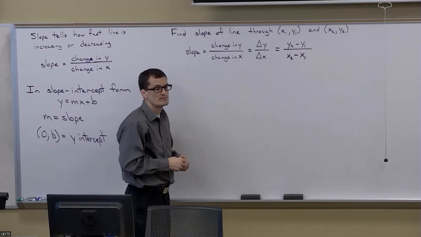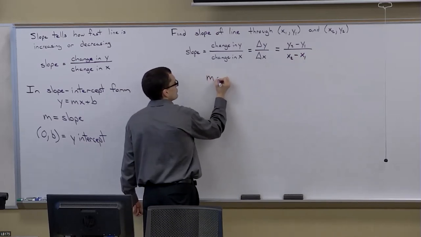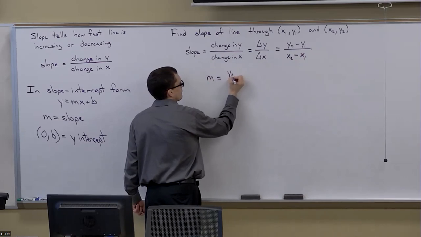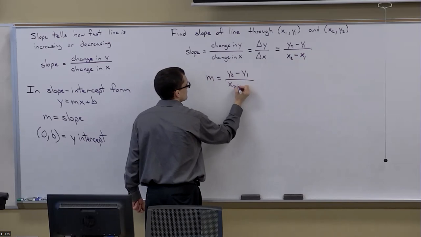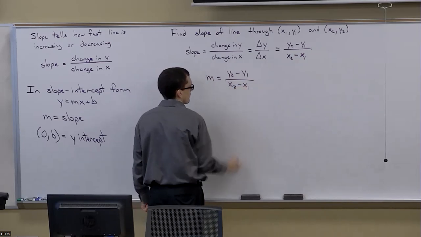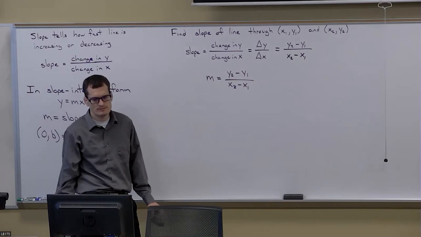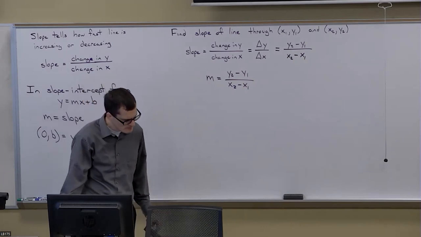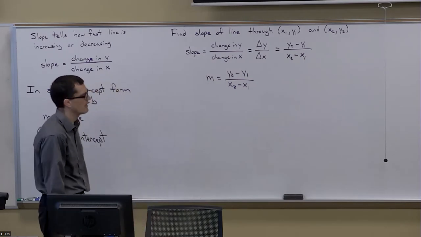So there you go. And you'll often see this written shorthand as m equals y2 minus y1 divided by x2 minus x1. Okay.